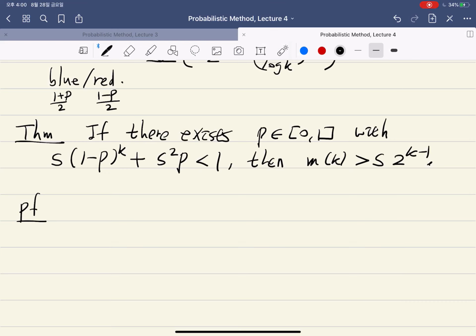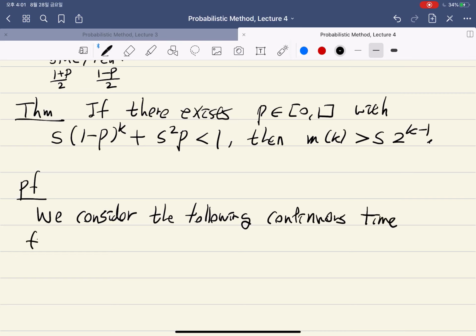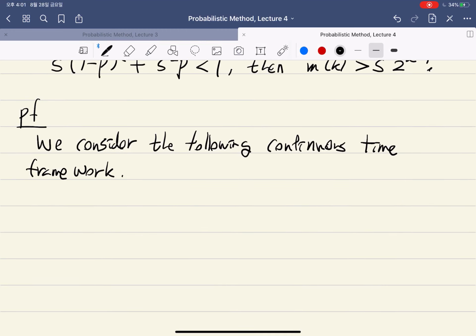And one technique that makes our proof more convenient is that instead of discrete analysis, we consider the following continuous framework. Sometimes this is a technique which makes some analysis easier.